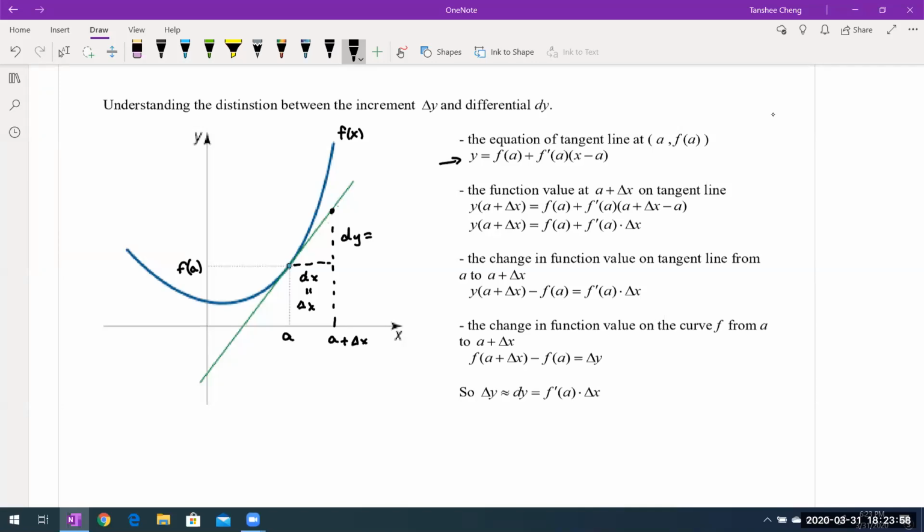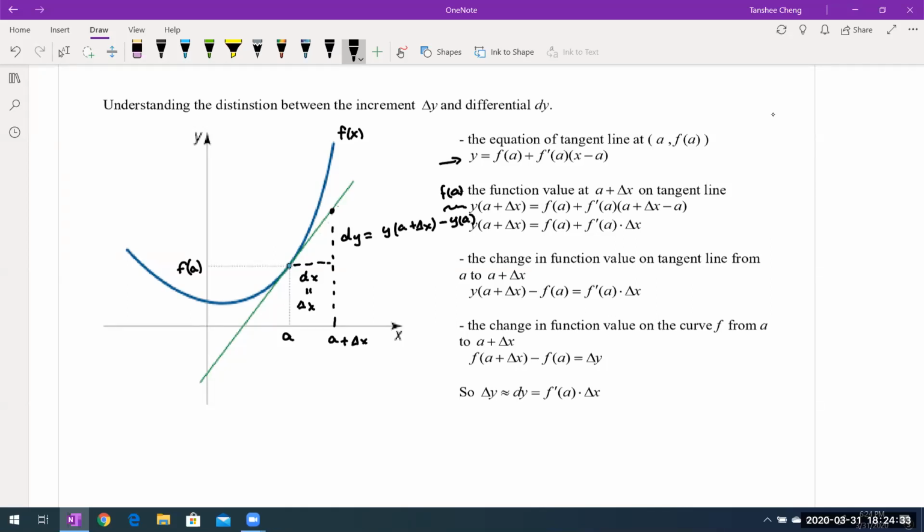And this basically can be looked at as the change in y value, which is y of a plus delta x minus y of a. But we know that this y of a, the function value on the tangent line, is the same thing as the function value on the curve of the function f. So this portion is also equal to f of a.